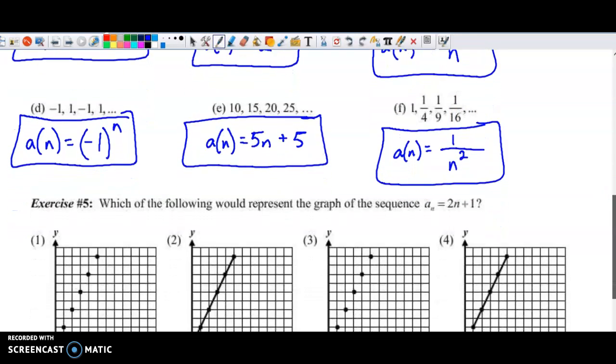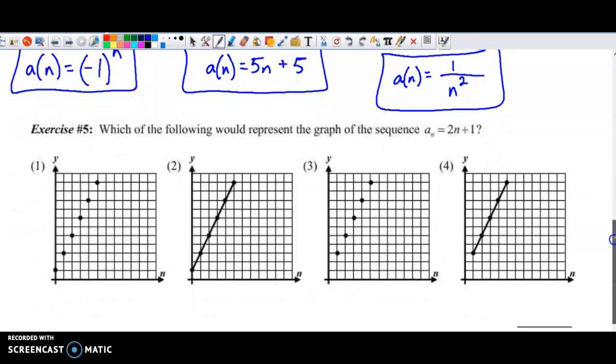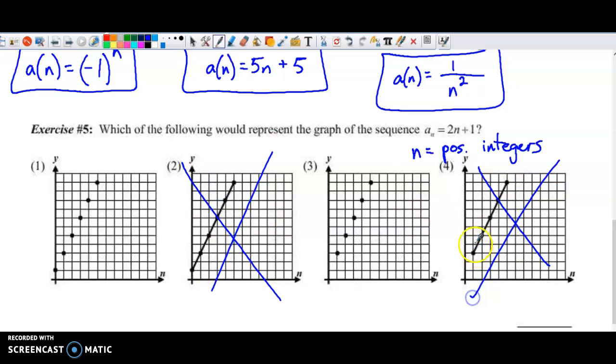On this last question, they want you to realize that our domain of n values is going to be integers, positive integers. And so the thought process here is we don't want the lines in here, because as far as a sequence goes, we don't want the decimals in between.